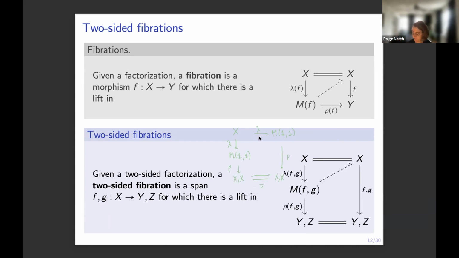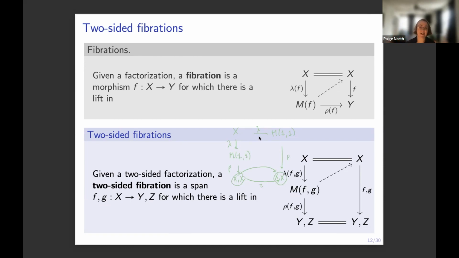Because I could put any arrow. Before, I was just drawing it as one arrow, but it really stands for an arrow from the first X to the second X, an arrow from the first X in the first part to the first X in the second part, and from the second X to the second X. Since I'm rooting this story in this configuration of the X's, and maps are only allowed to go from the first one to the first one and the second one to the second one, I just can't twist them anymore.